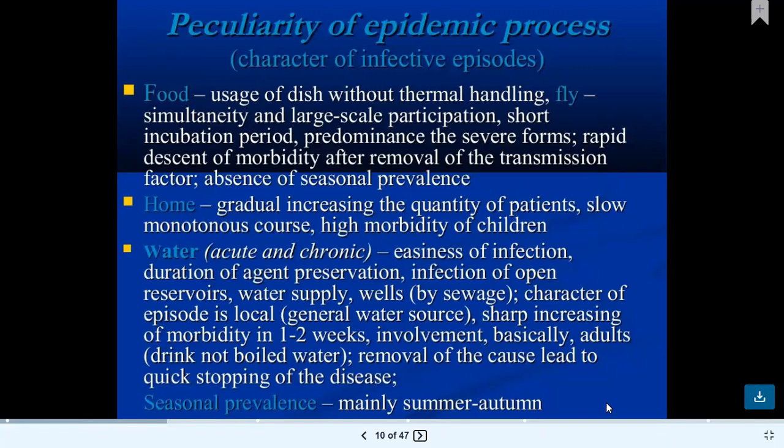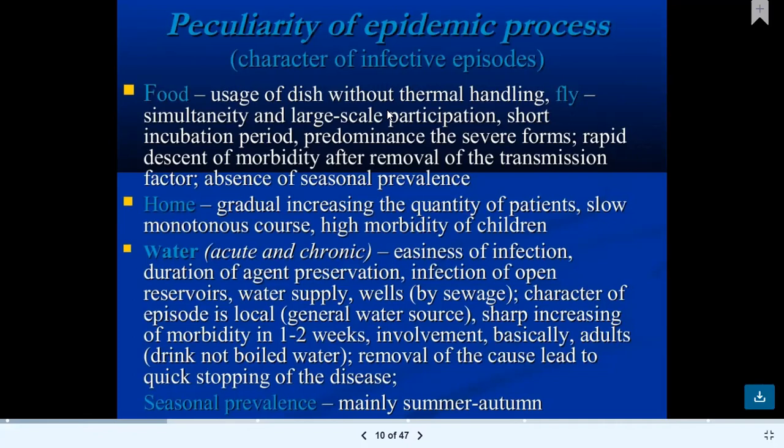Now the characters of infective episodes. Food: usage of food without thermal handling, simultaneity and large-scale participation, short incubation period, predominance of severe forms, rapid decline of morbidity after removal of the transmission factor, absence of seasonal prevalence.